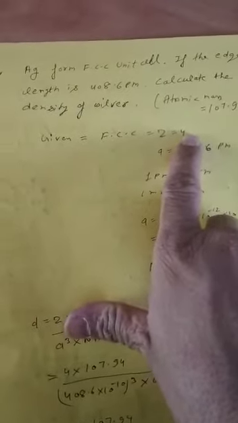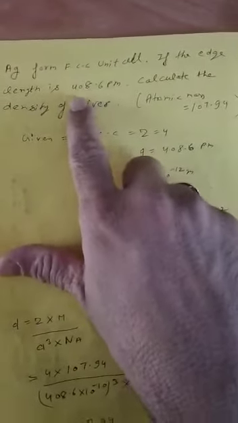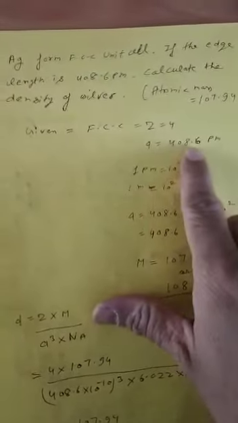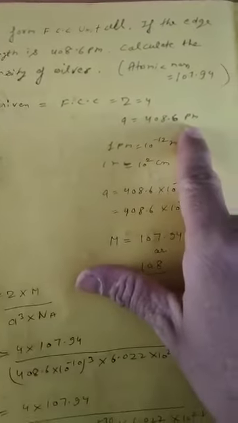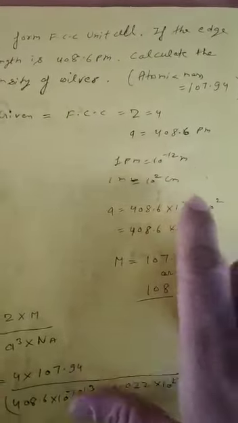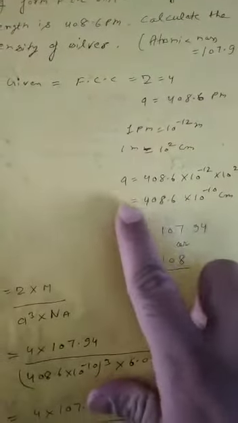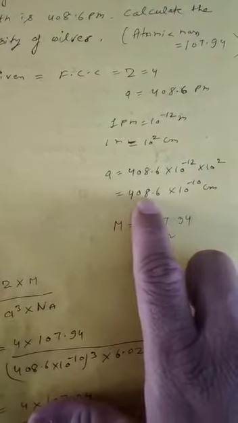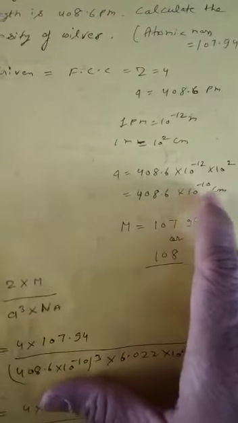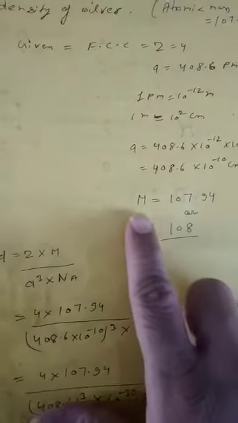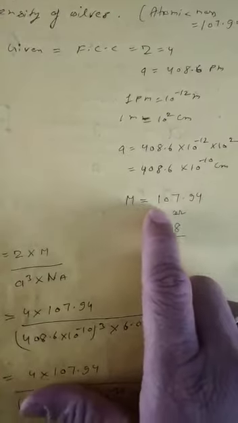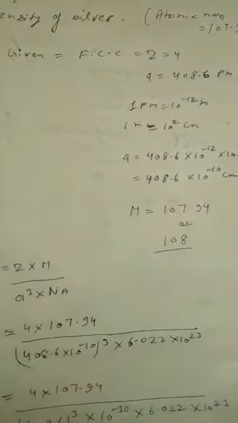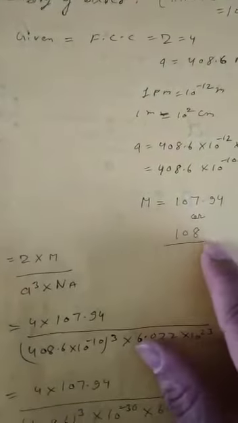Second, the edge length is given, that is 408.6 picometer. So we have to convert this picometer into centimeter. We have converted it here. You can see it is 408.6 into 10 to the minus 10 centimeter. Next, the molar mass is given, that is 107.94. For silver you can also take 108 gram per mole.